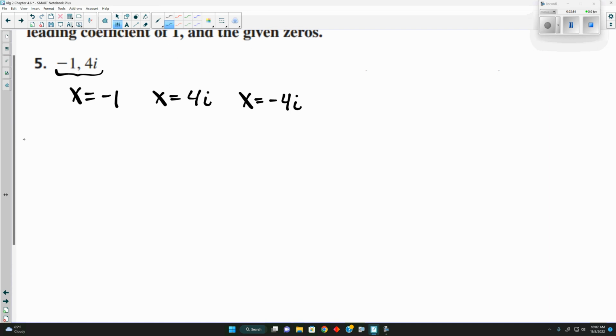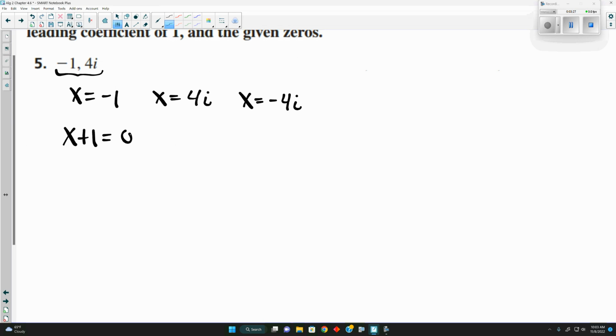Now the next thing was getting these equal to 0, yes? Well, there is a shortcut to doing this because really we're adding and subtracting, yes? We're always doing the opposite of whatever the sign is. So the first one is x equals -1. Well, if I flip the sign, it's what? Plus, yes? I can just flip the sign and move it over.